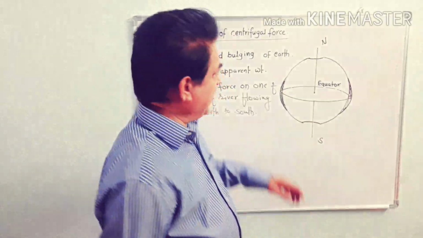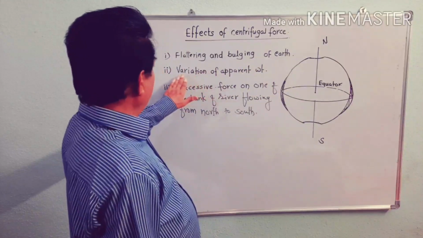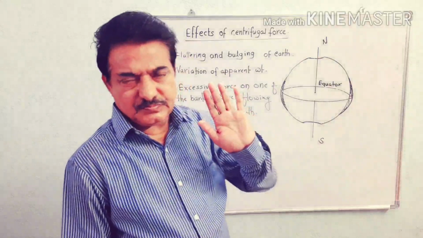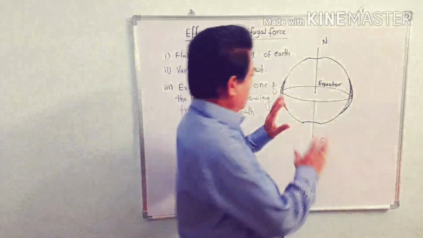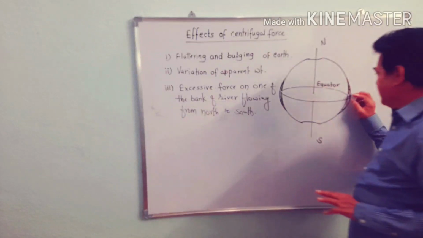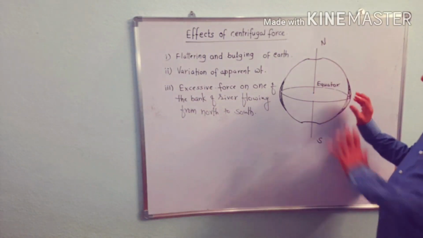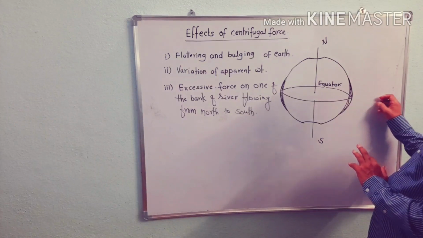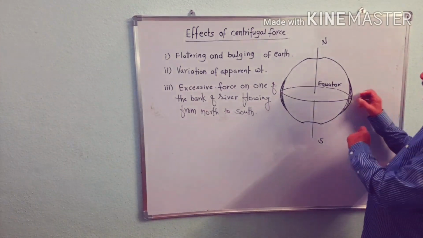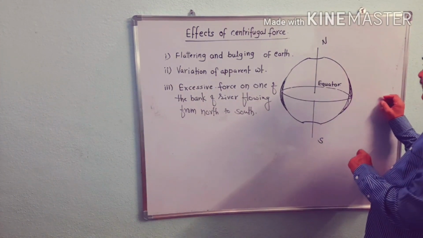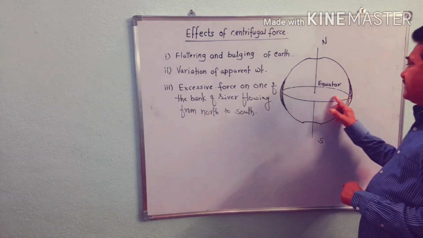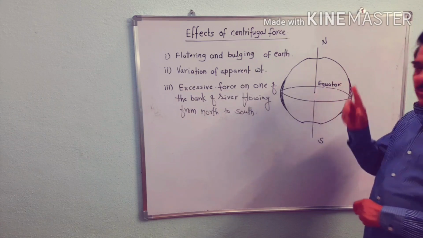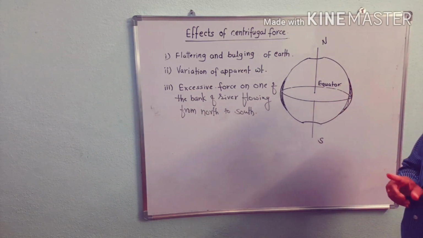The effect of spinning motion on the earth is a variation of apparent weight. If the object is present at the equator, due to the spinning motion a centrifugal force acts on the body and that centrifugal force is deducted from the weight of the body because weight is always directed toward the center of circular motion.